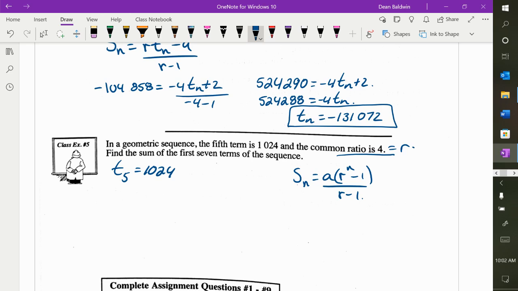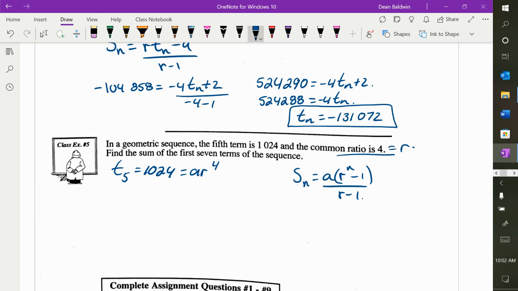Well, we have the 4, and we know that 1024 is the 5th term, so can't we just go backwards from there? Yep. Because T5 is AR to the 4th, right?